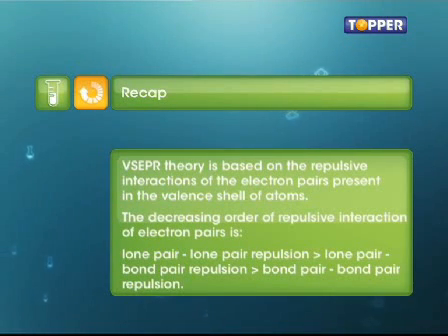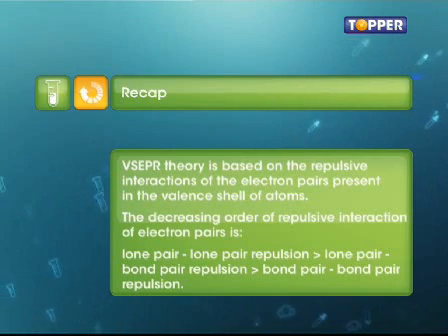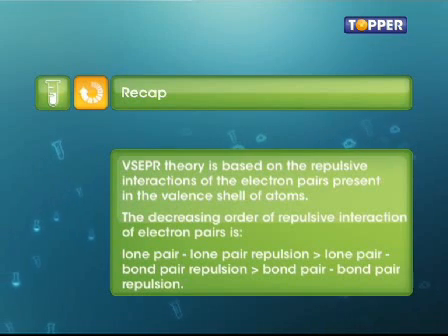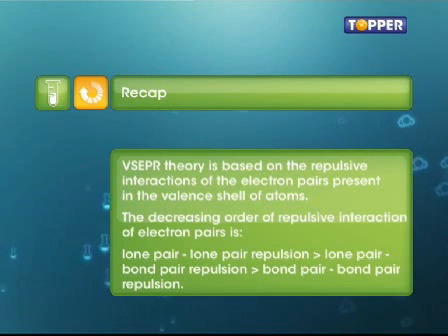The lone pair repulsion is greater than lone pair bond pair repulsion, which is in turn greater than bond pair repulsion. An understanding of this helps in predicting the geometry and structure of a molecule. The VSEPR theory can also be used to predict the structures of molecules or ions that contain multiple bonds or unpaired electrons. But the theory is not foolproof and can fail in certain cases.